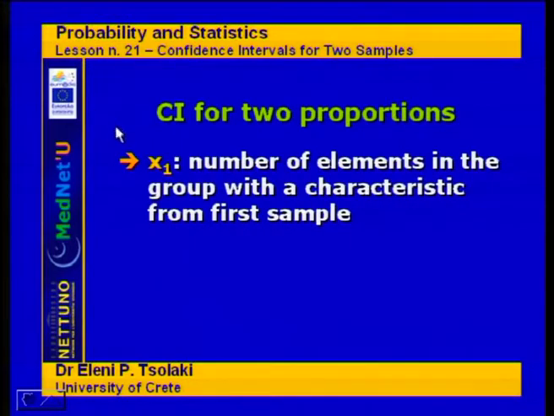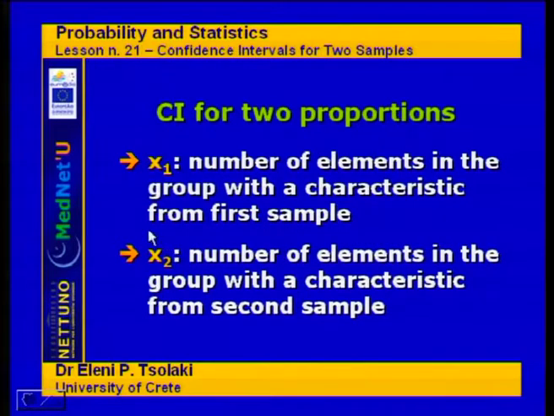Now, we are going to see confidence intervals for two proportions. X1 is the number of elements in the group with a characteristic from the first sample, and X2 is the number of elements in the group with a characteristic from the second sample.